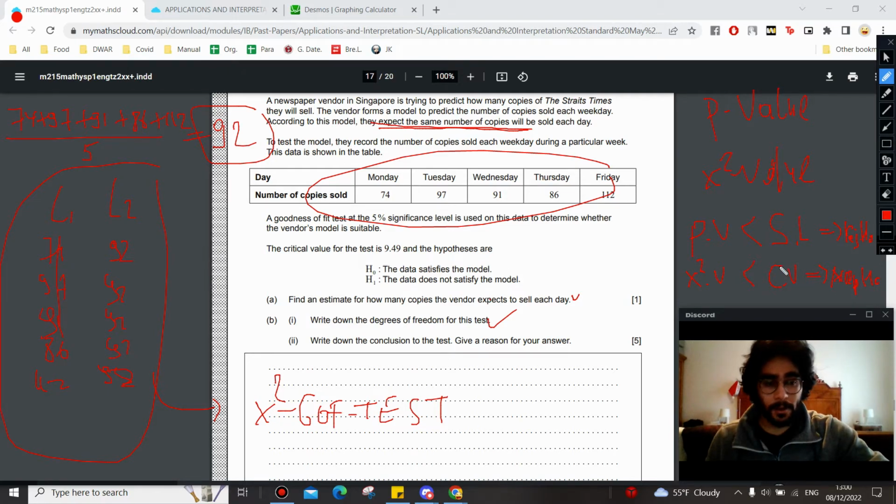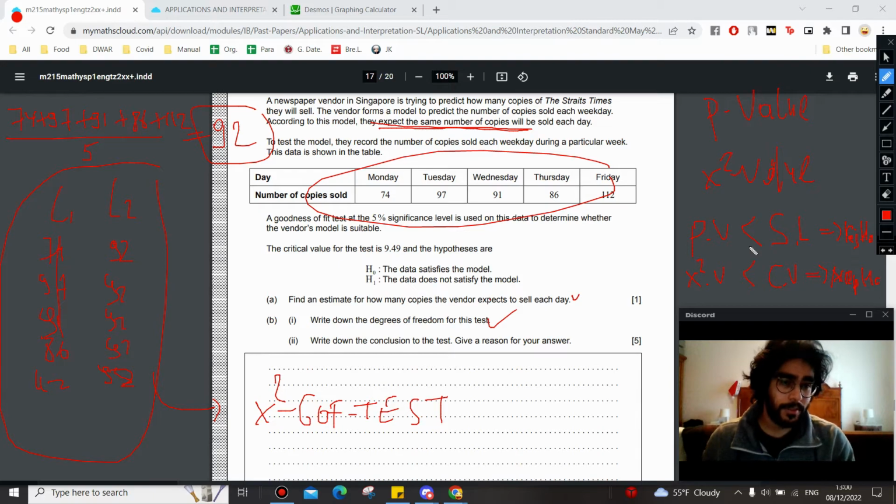Okay. Now, this is the way that we draw our conclusion, but you have to be careful. First thing, you compare the p-value with the significance level, and you compare the chi-square value with the critical value, okay. This is important to distinguish between them. The second thing is to remember that if your p-value is less than your significance level, then you reject.